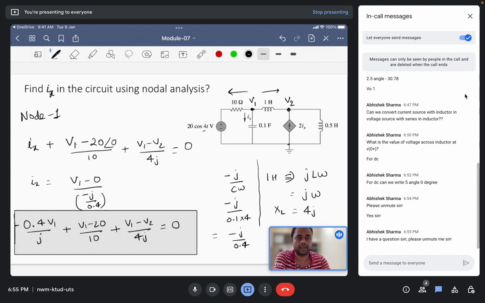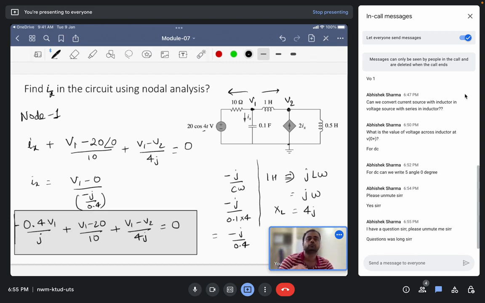So Abhishek, you can type your question in the chat box. Okay, so I will unmute you.